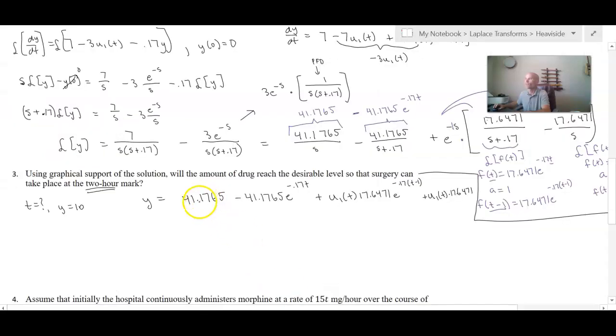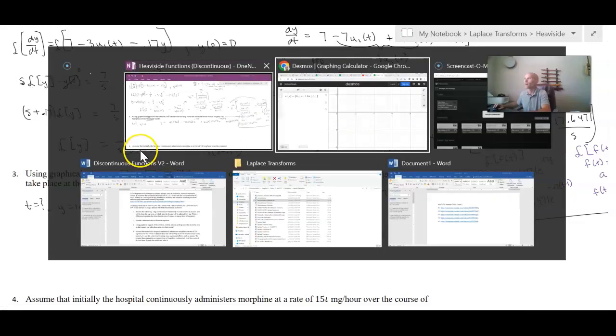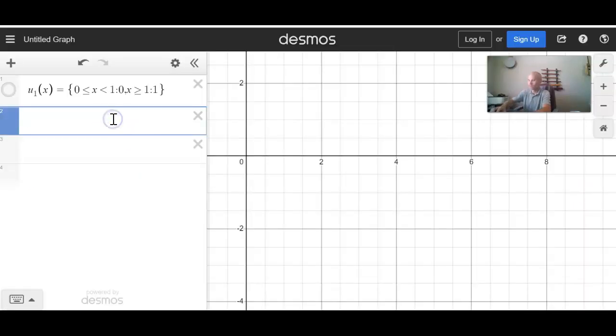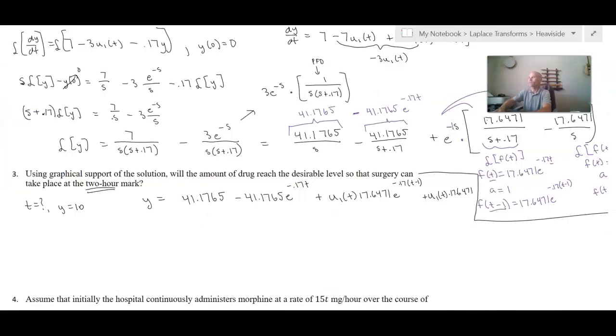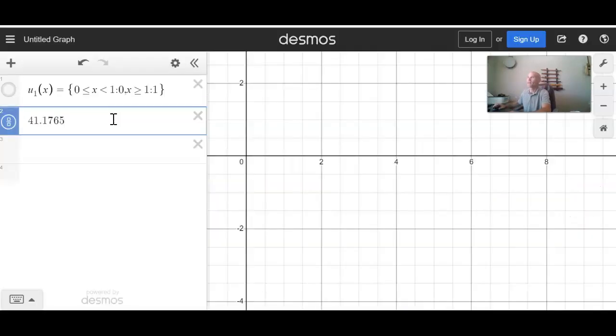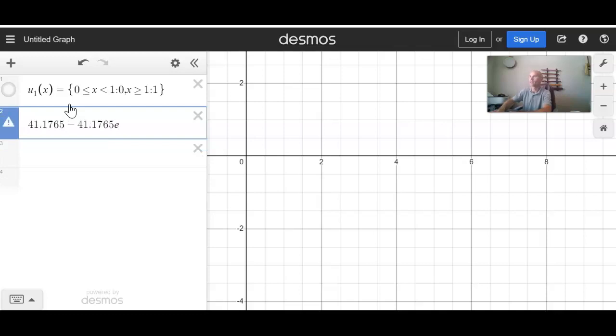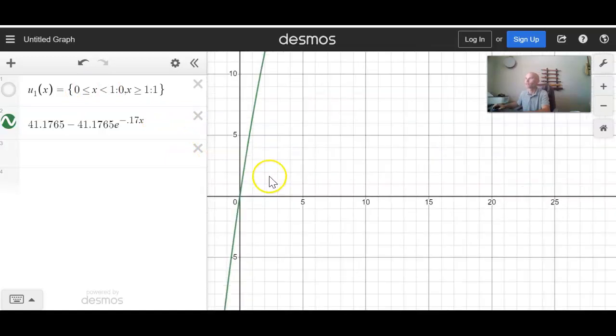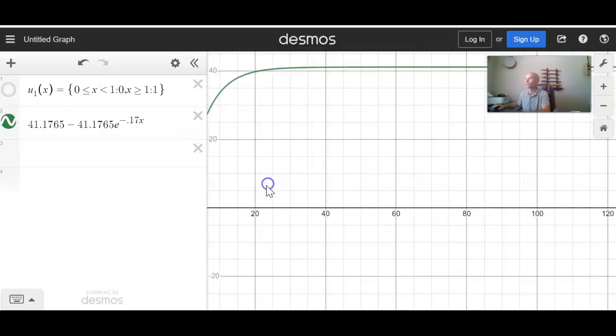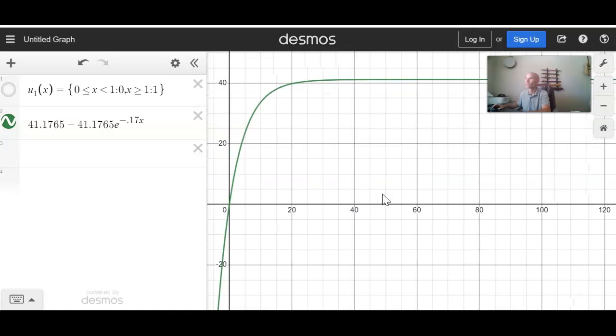So what we have is 41.1675 minus the same thing, e to the negative 0.17x. All right, nothing interesting so far. That's just getting some infusion going on there.